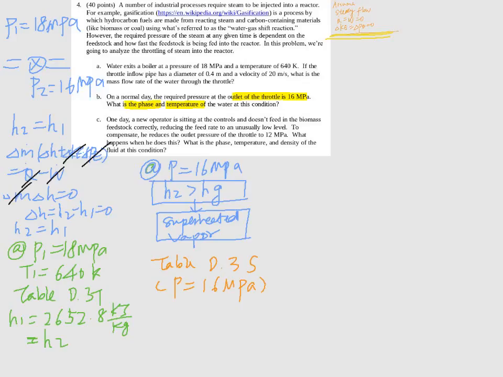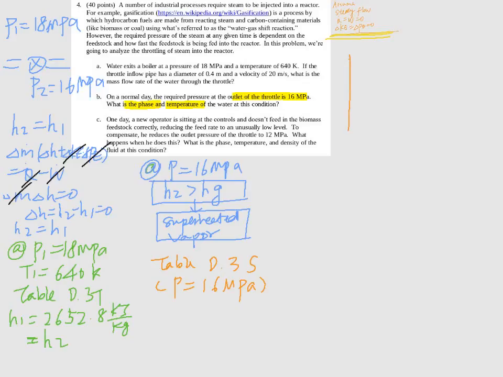So that's where we need to interpolate. If you don't remember how to interpolate, I'm going to do a quick review here. If you remember how to do that, just fast forward and you will see the answer directly.